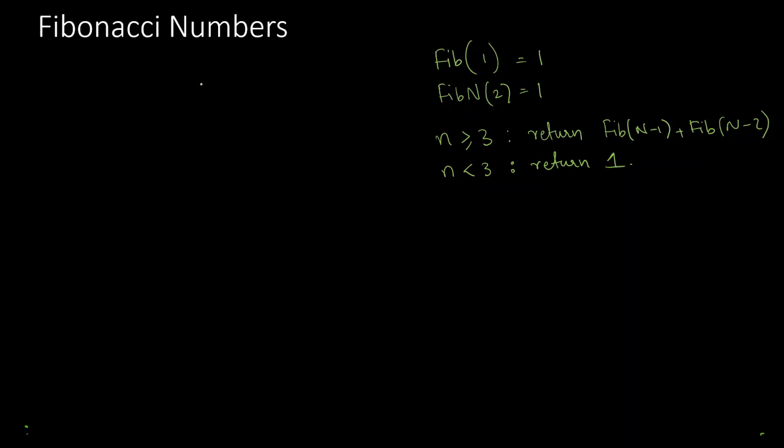So let's say we need the fifth Fibonacci number. So n right now is 5. Since n is greater than 3, we don't have any answer as of now, so we just simply return the sum of the previous two numbers. So this is fib of 4 plus fib of 3.